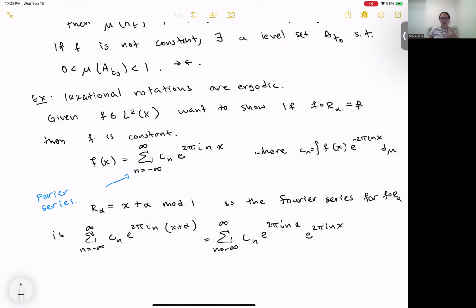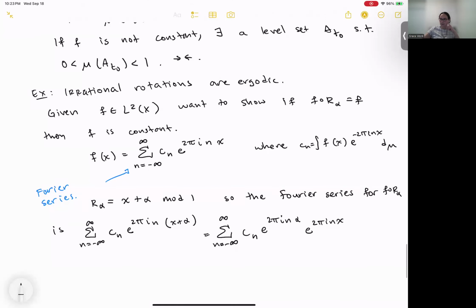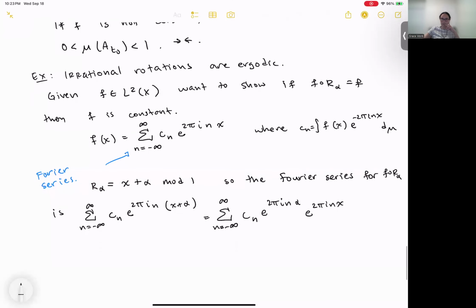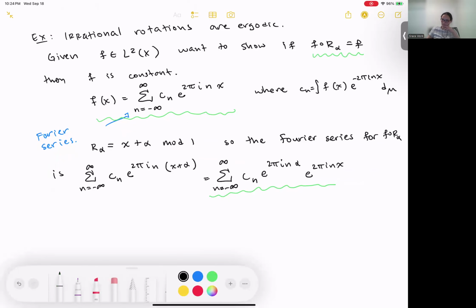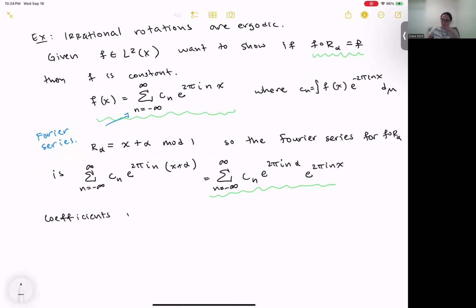And now we use the assumption that f was invariant under this rotation. So since we have our composition, f composed with r alpha is equal to f, then the coefficients in these two Fourier series must be the same.